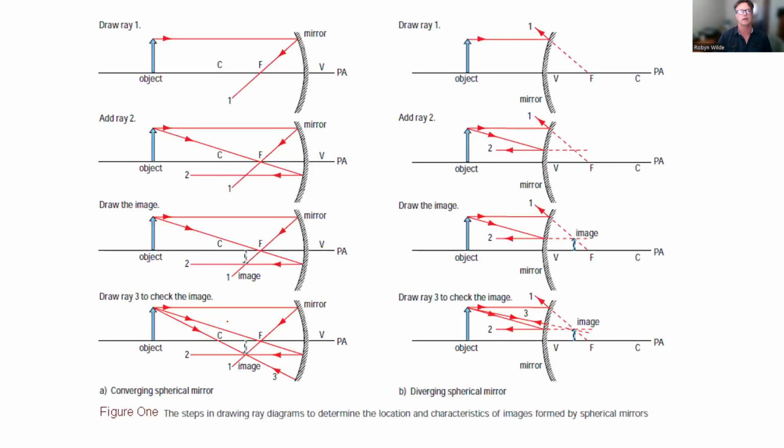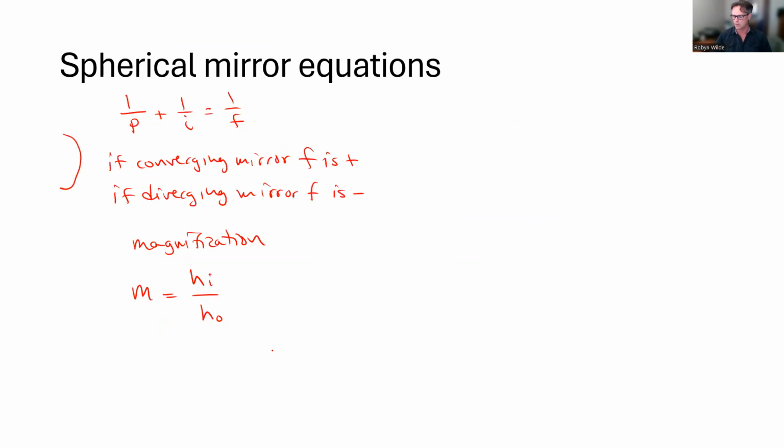So again, going back here, I might look and I would see, for example, in this situation, this is my H object, and this is my H I. Now, one thing to note, right, when it's a real image, it's flipped over, it's inverted. And we got to be a little careful because we want to call that a negative magnification. If the object is inverted, it's a negative magnification.